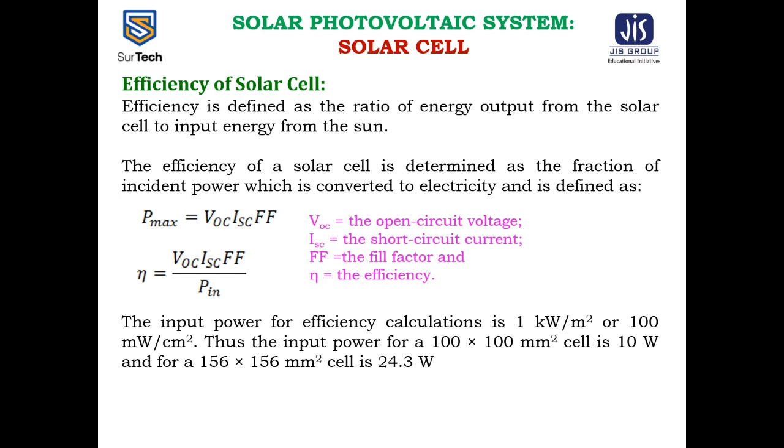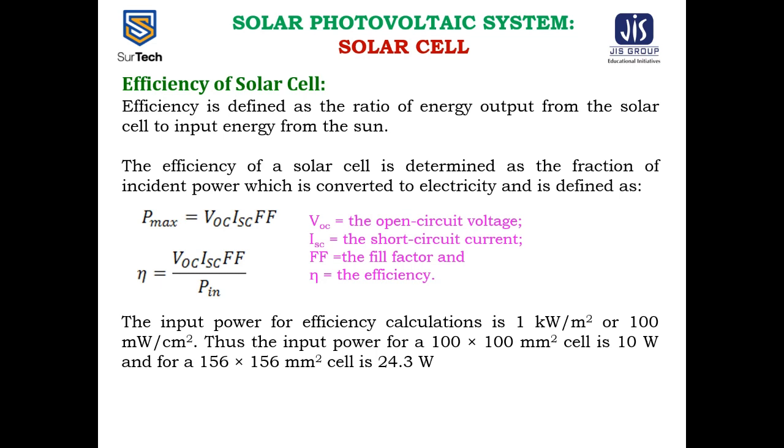And the efficiency is equal to the maximum power, that is P max, VOC, ISC and fill factor multiplied, with respect to P in, the input power of the solar cell.